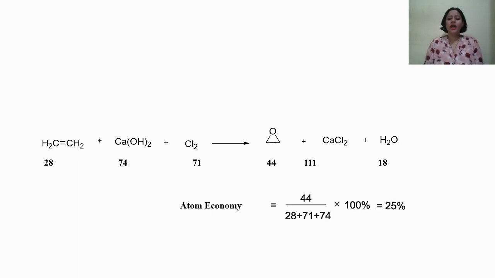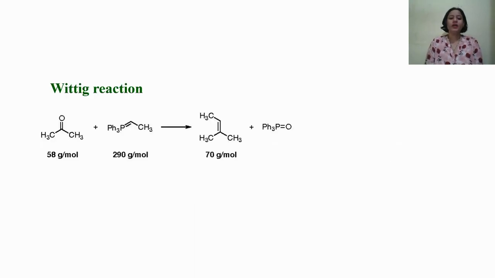When we calculate the atom economy, it is very, very low, that is 25%. So this is not a very atom efficient reaction, and in terms of the principles of green chemistry, this is not a good method for synthesis of epoxide.